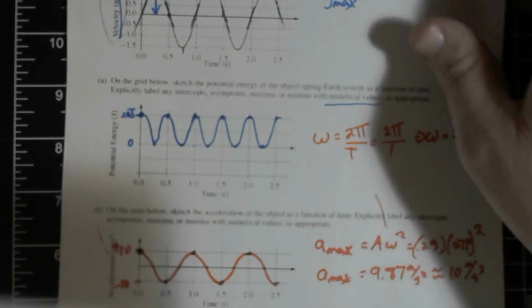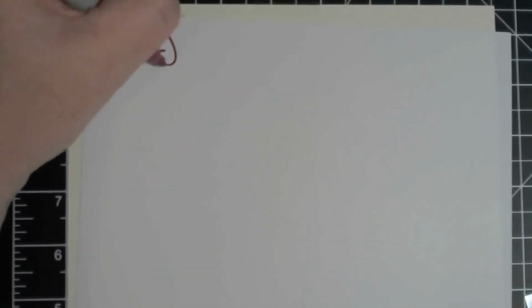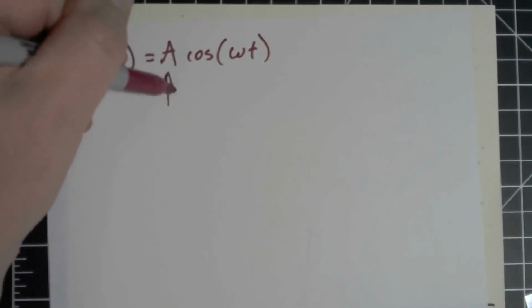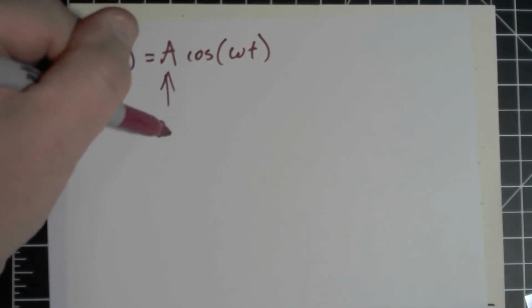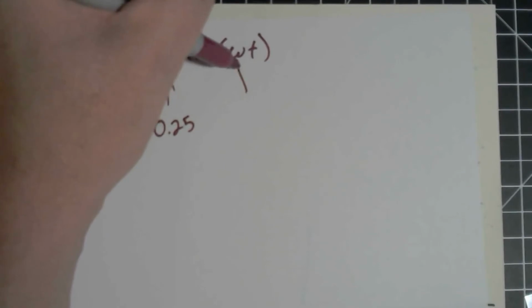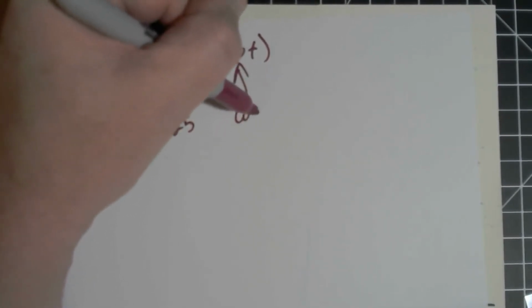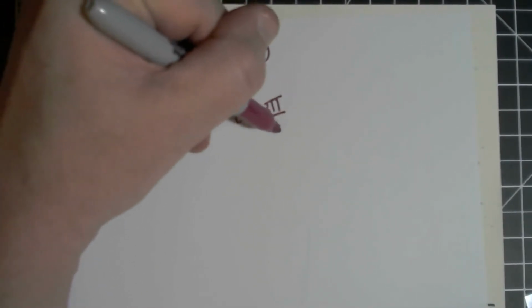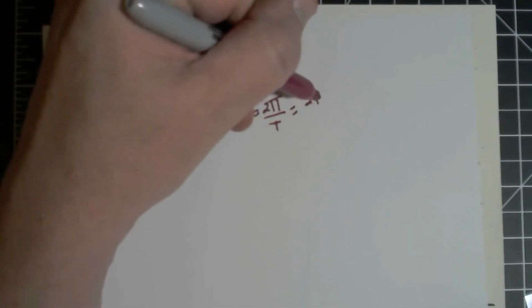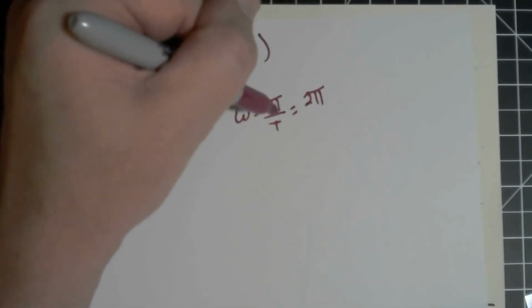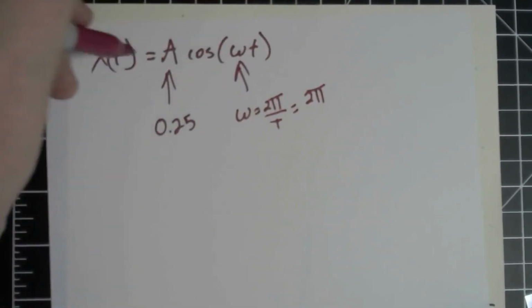For the position function, we need to know the amplitude, and we also need to know our angular frequency. Our amplitude, we said previously, is 0.25. Our angular frequency is 2 pi divided by the period, which is just 2 pi, because the period is 1 second, 2 pi over 1 second. And so now I can plug this in.